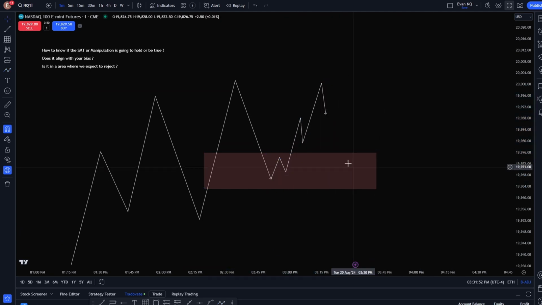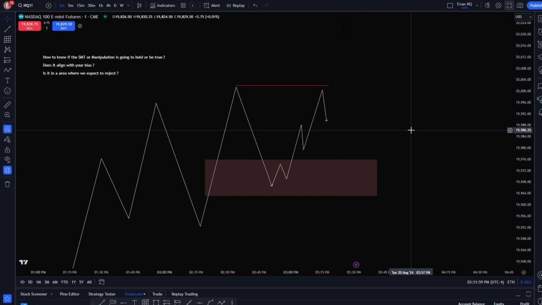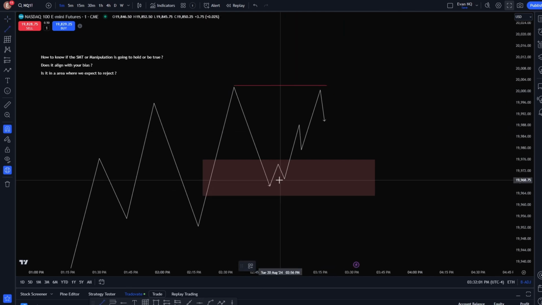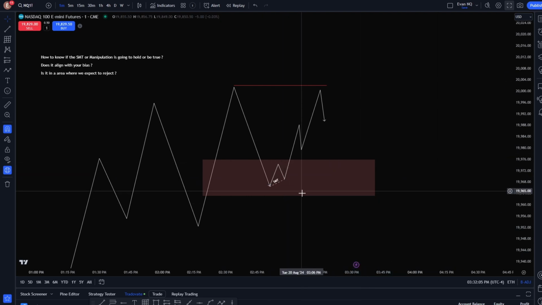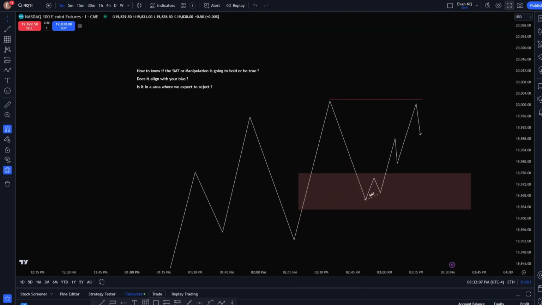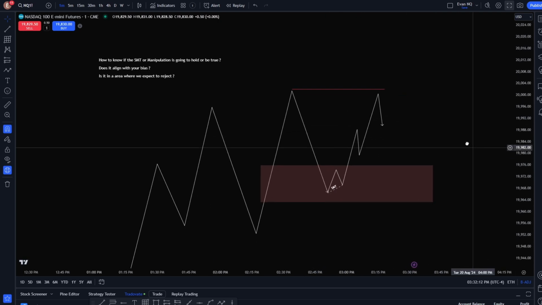So this fair value gap is an area where we expect to reject. We're overall bullish. We expect to go to this high, right? And we get an SMT right here. And the SMT is in an area where we expect to reject. And that automatically makes your chances so much higher, right?